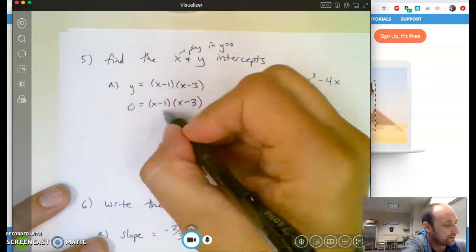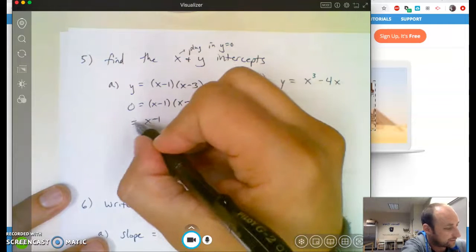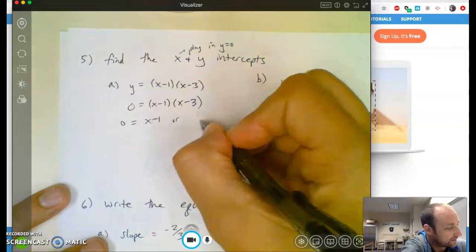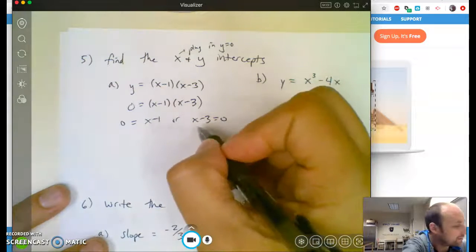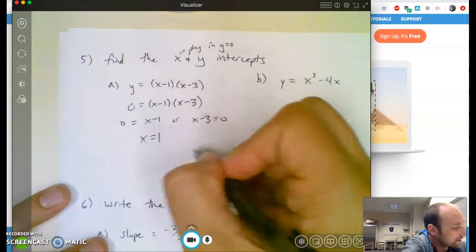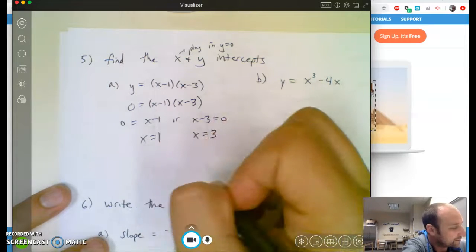So here, the only way this equals 0 is if x minus 1 equals 0 or x minus 3 equals 0. It's kind of like when you were solving factoring problems back in the day. So x is either positive 1 or positive 3. Those are your two x-intercepts.